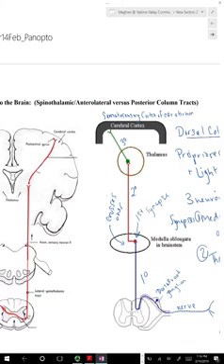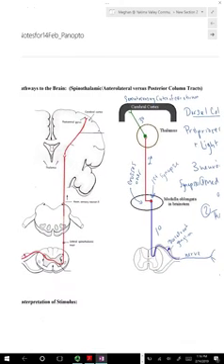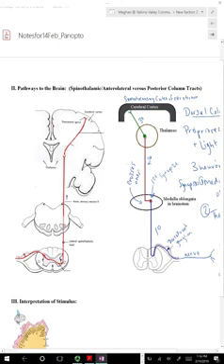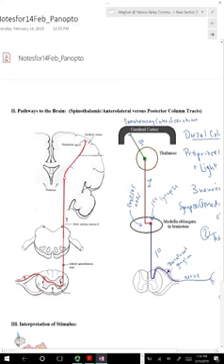So what I would encourage you to do when it comes to this spinothalamic versus posterior column tract is, in your studying, compare and contrast. So try and come up with some ways that they are similar, some ways that they are different, right?